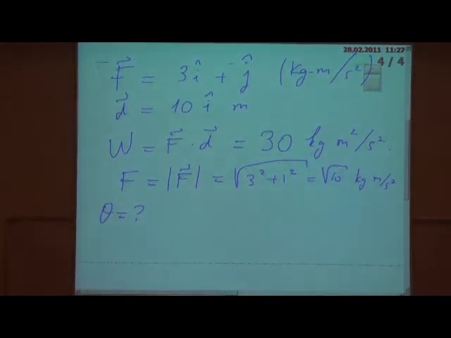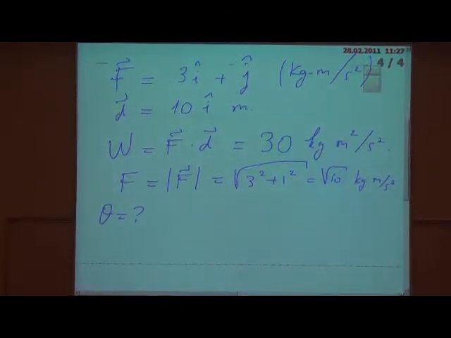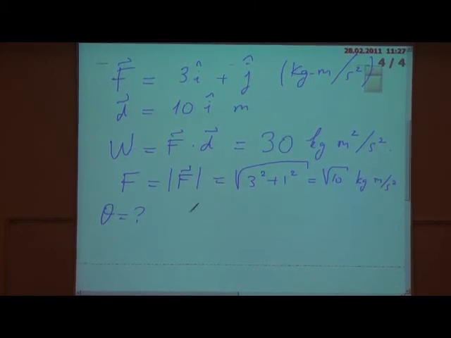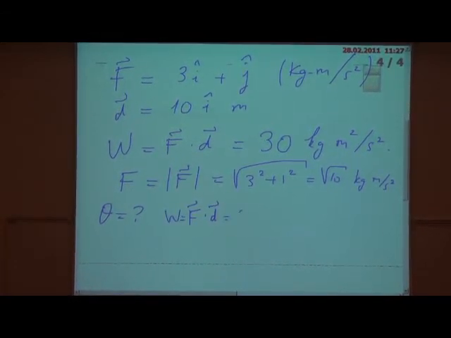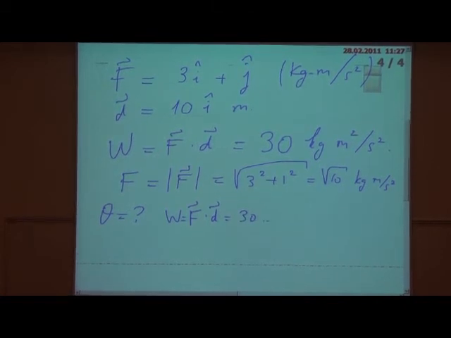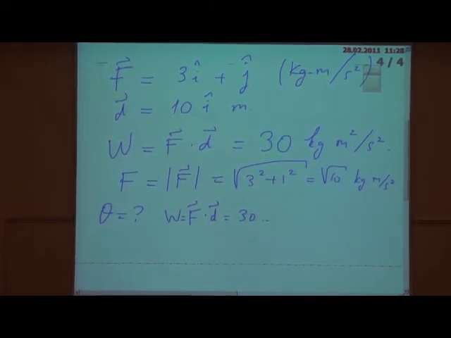3 divided by... Right, 3 divided by square root of 10. Okay? So, how do I get that? Well, we know that F dot D, the work, is 30. I won't write units at this point, which we calculated using one definition.